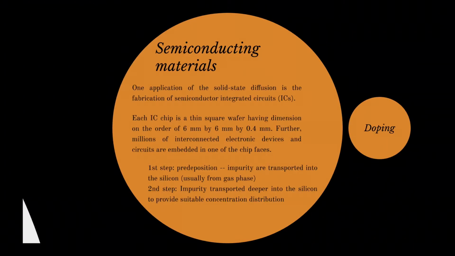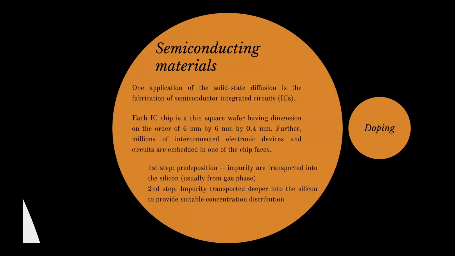The other section in diffusion is semiconducting material, because to produce semiconducting material you need a diffusion phenomenon inside the semiconducting materials. To fabricate semiconductors you usually heat the impurity, and because it is at a higher temperature, usually it's a gas.